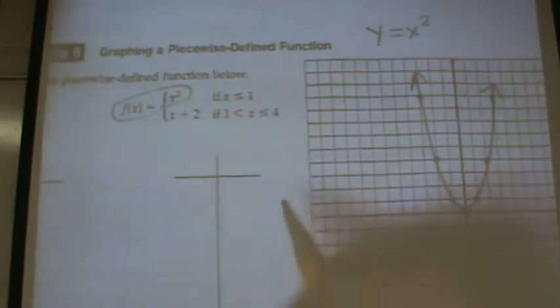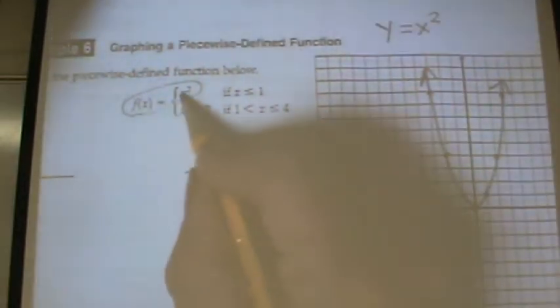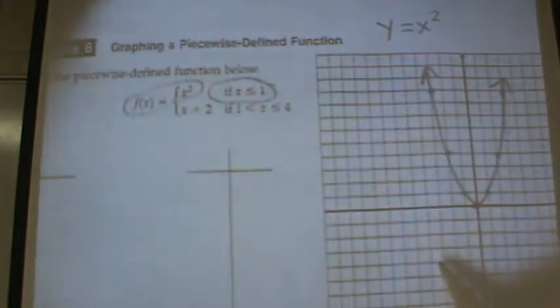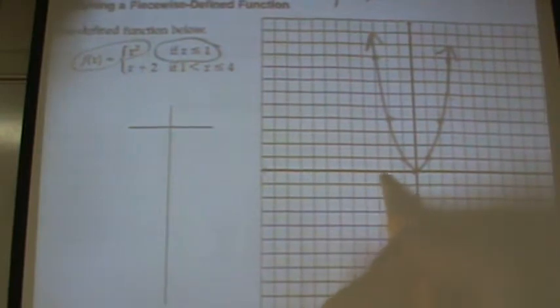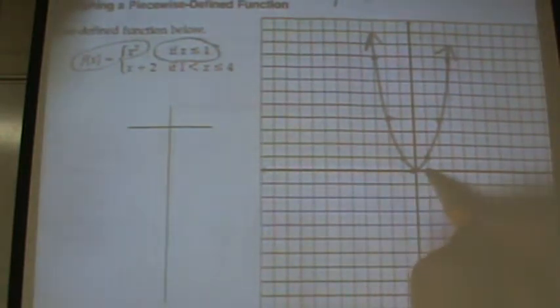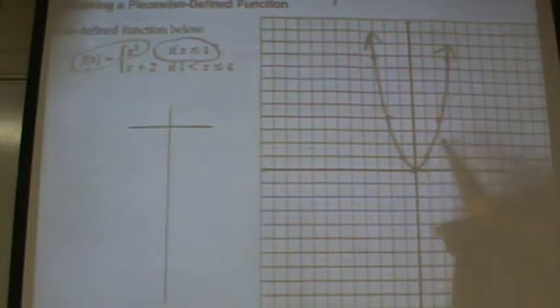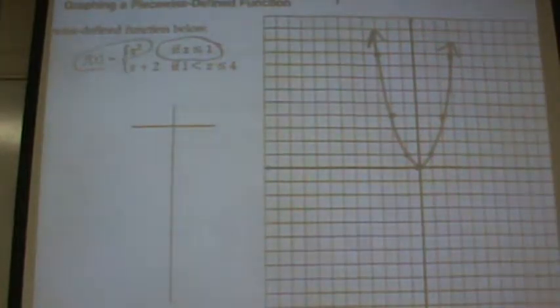But we have a problem. We only want y equals x squared for all the x values that are less than or equal to 1. Well, where is 1 on this line right here? Right there. So can you tell me the part that's less than or equal to 1? Left. It's this right here.